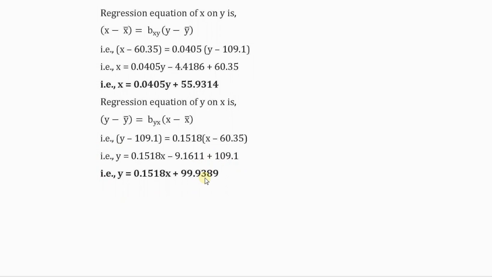That is equal to y is equal to 0.1518x plus 99.9389. So if you want to find any value of y for a given value of x, we use this equation. So this is how we fit or calculate the regression equations for the given bivariate frequency distribution.